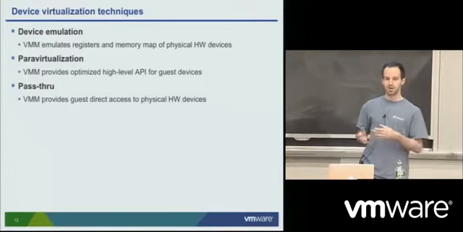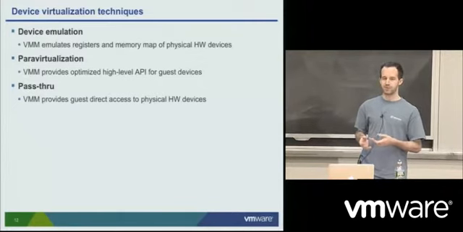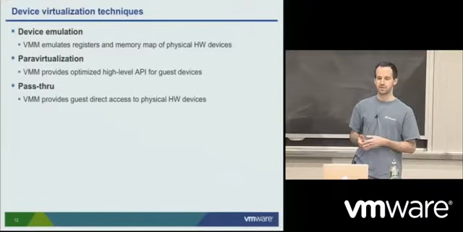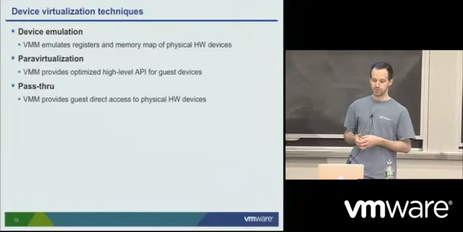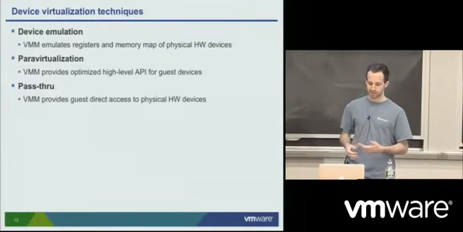It's the idea that you can assign to a virtual machine exclusive access to a specific physical device, and not have to do any direct virtualization of that device. That's problematic, as we'll see, at least in many cases, because you lose things like interposability and so on.